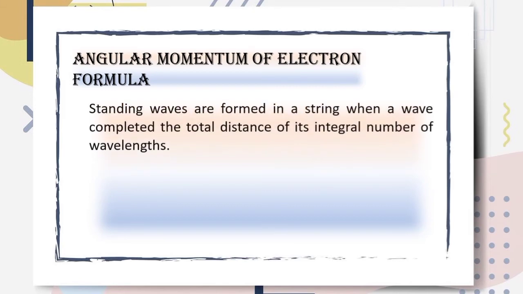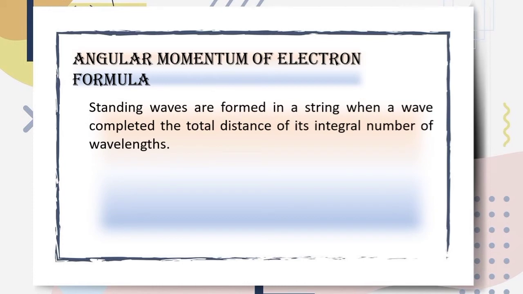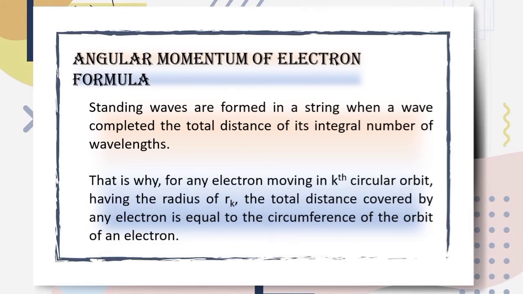Now let's move on to the angular momentum of the electron formula. Standing waves are formed in a string when a wave completes the total distance of its integral number of wavelengths. That is why, for any electron moving in the kth circular orbit, having the radius rk, the total distance covered by the electron is equal to the circumference of its orbit.